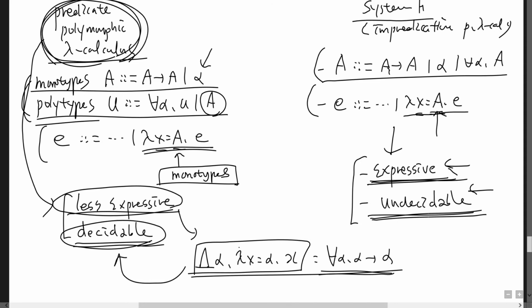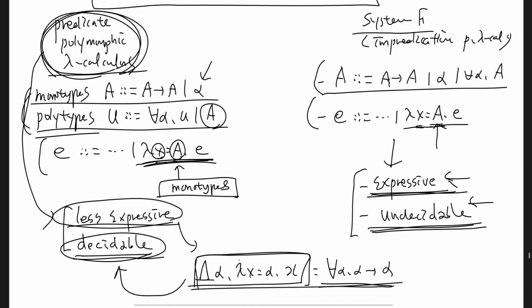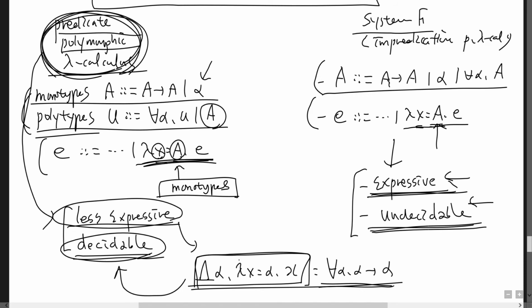But because of the restriction placed on this lambda abstraction, where this variable can take only a monomorphic type, we can never use these polymorphic expressions polymorphically, which defeats the entire purpose of introducing polymorphic types. So on the surface, this language supports polymorphism. But in reality, it's not useful at all. So it's much less expressive.